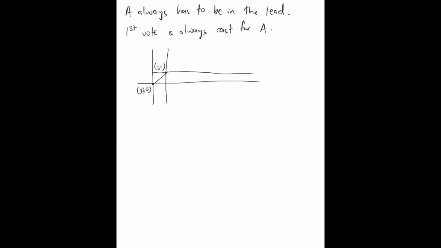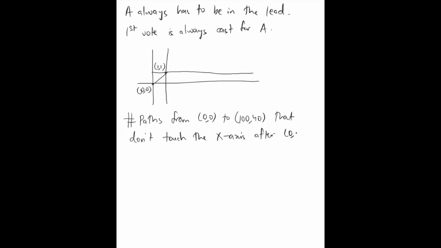So effectively, what we were looking for, the number of paths from 0 comma 0 to 100 comma 40 that do not touch the x-axis after 0 comma 0, is essentially the same thing as the number of paths from 1 comma 1 to 100 comma 40 that do not touch the x-axis at all.